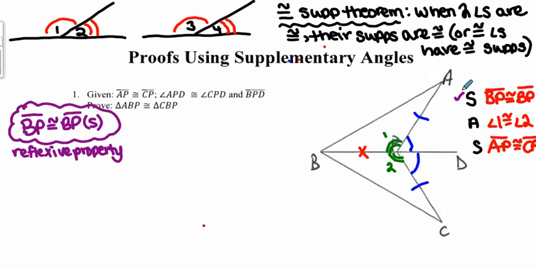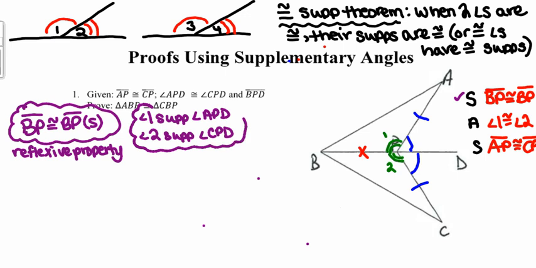So I have to talk about angle 1 being a supplement of angle APD and angle 2 being a supplement of angle CPD. I know they're supplements of each other because they form linear pairs. So my reason here is going to be to say linear pairs are supplementary. You could say angles on a straight line are supplementary.